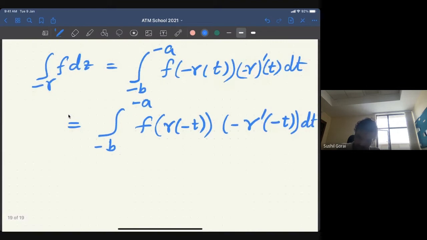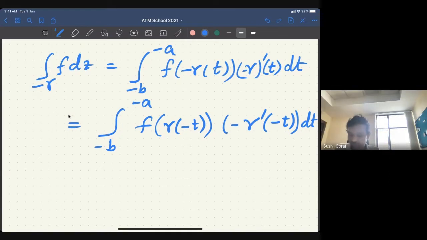Minus gamma is defined as gamma of minus t, and then you are taking the derivative. So that means gamma prime of minus t, and then the minus will come, right?